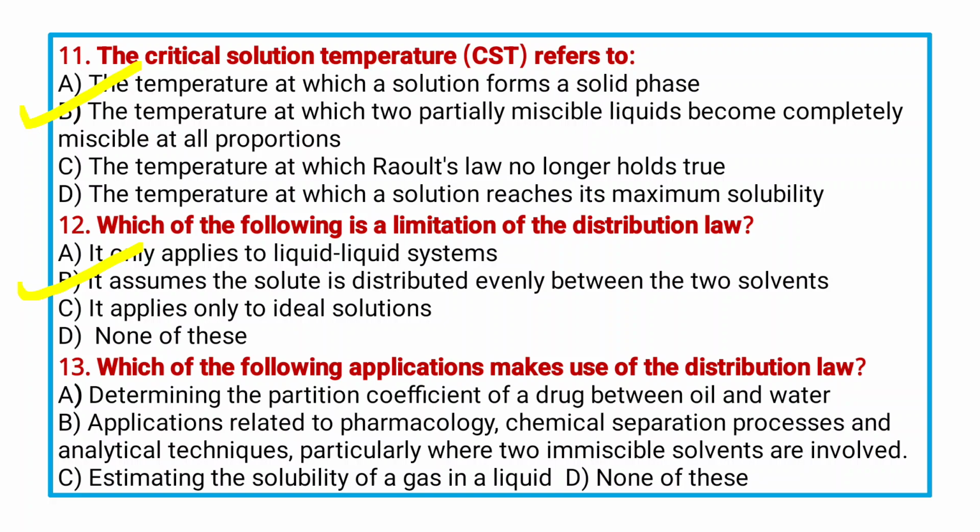So both answers are correct, both A and B, but there is no option saying both A and B are correct. So answer A is the correct one: determining the partition coefficient of a drug between oil and water first. Then later applications in pharmacology, chemical separation processes and analytical techniques.